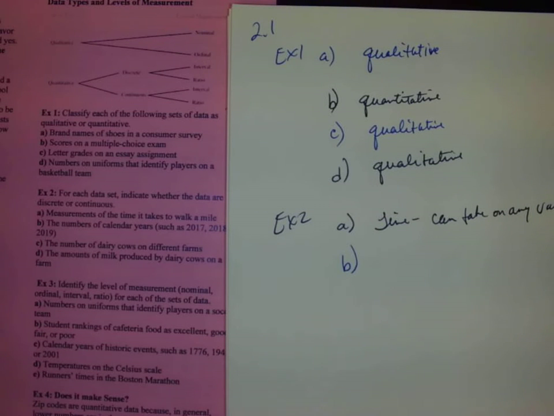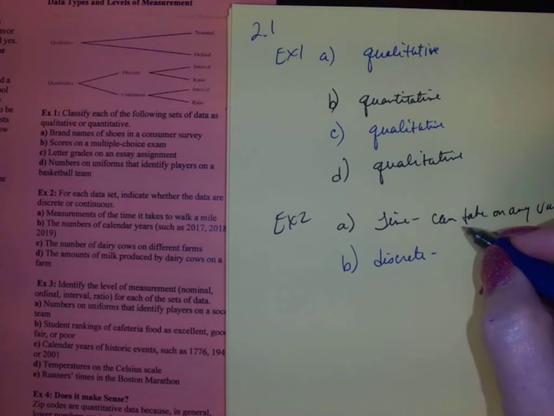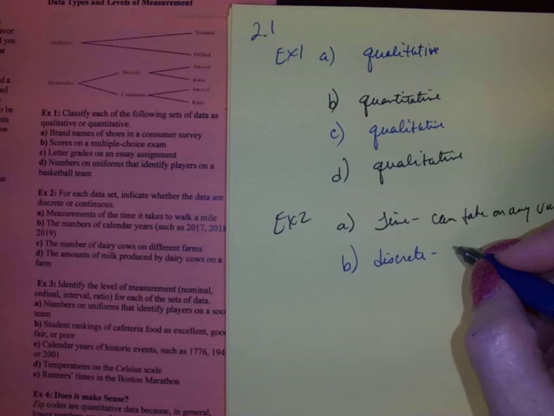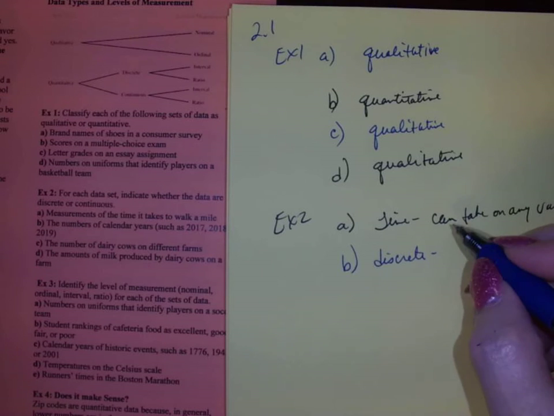The numbers of calendar years, such as 2017, 2018, 2019, well, these have to be discrete because you cannot have fractional values, all right? So these are dates, and it's going to be discrete because you can't have fractional values. Remember, we talked about continuous. They could do fractions, decimals, or portions, and calendar years don't do that.